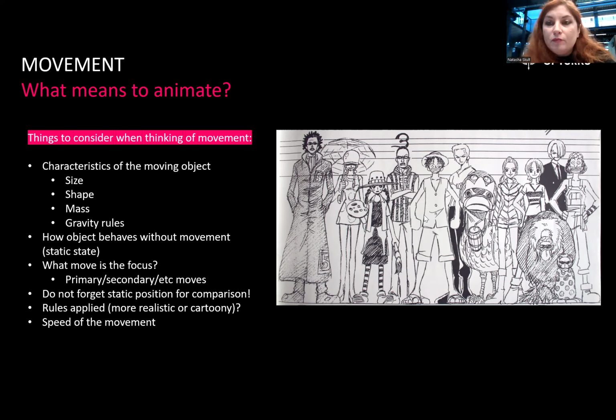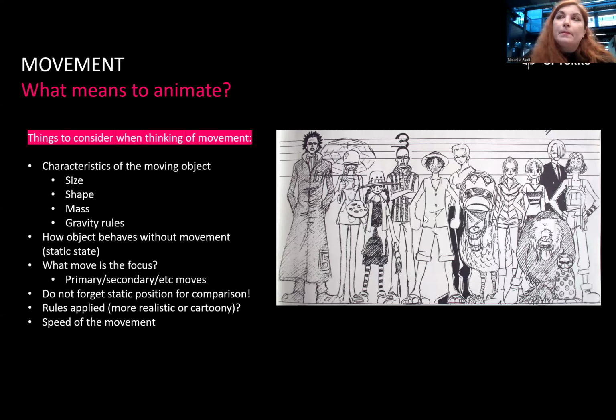Any moving object, whether it's a ball, a bouncing ball, or a character moving and so on, it always has to be intact, or the movement has to also reflect the size, shape, mass, and gravity rules of the world in which this object is present.